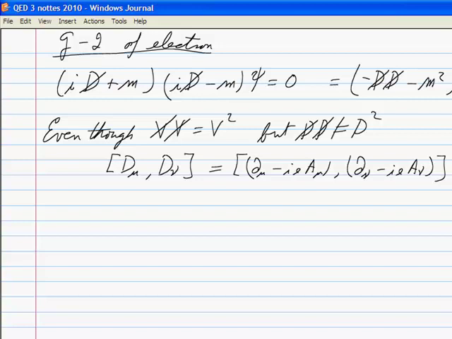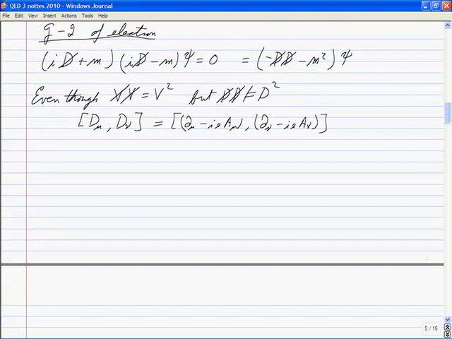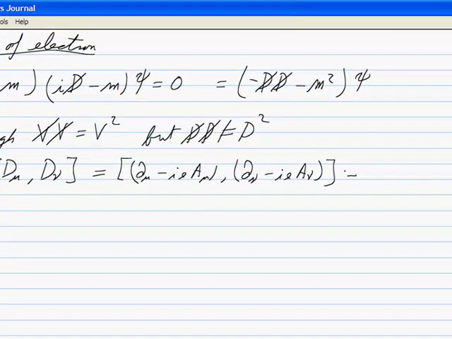But the piece that doesn't is when the derivative acts on the A. So there's a derivative mu on A nu, and then in the reversed order there's a derivative nu on A mu. So the non-commuting piece of this is minus i e F mu nu.